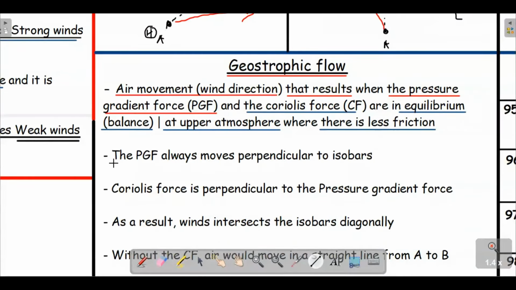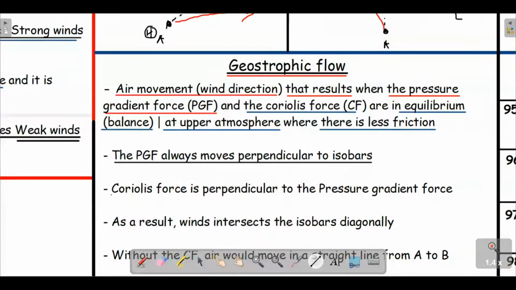Stay with me here. We said that the PGF always moves perpendicular to isobars. That's how you identify it. Even if they don't tell you, if they have isobars and an arrow, and that arrow is perpendicular to those isobars, that is the pressure gradient force. It's always perpendicular to isobars.